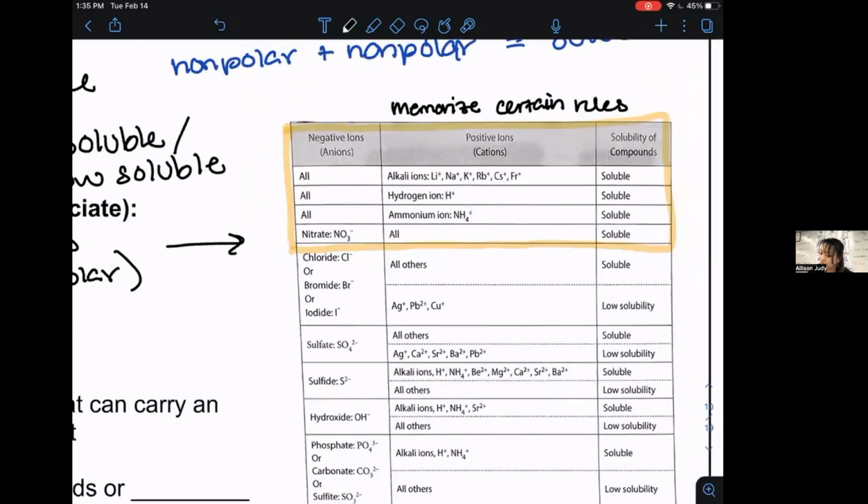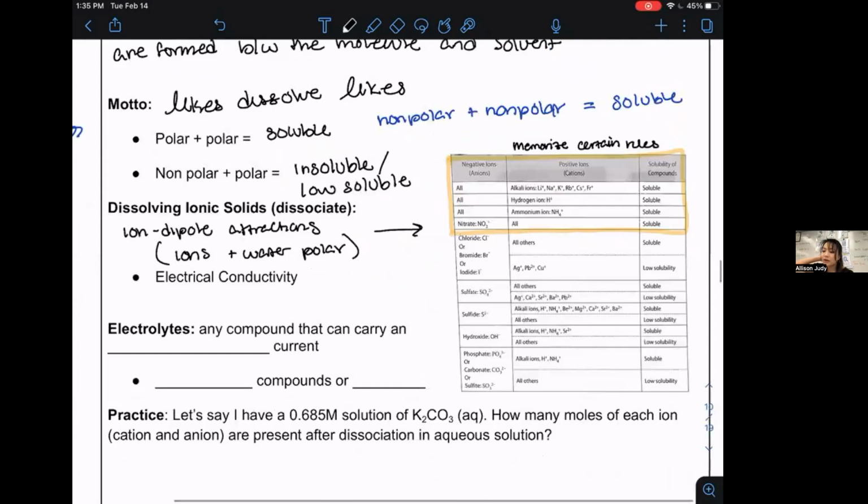All right. So something to know about dissolving ionic solids, this solid to liquid solubility, is that when ionic solids do dissolve and release their cations, we get electrical conductivity properties. So this occurs when ionic compounds dissociate. It's a gained property, which by the way is part of the reason why ion dipole attractions are so unique, because most of the time intermolecular forces don't necessarily create new properties.